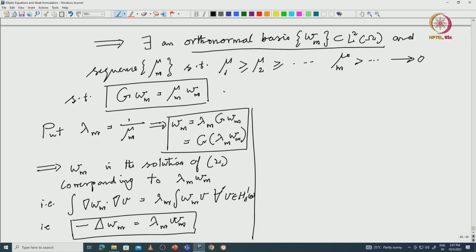And you also observe that since lambda m is 1 over n, you immediately have 0 less than lambda 1, less than or equal to lambda 2, less than or equal to etc., which goes to infinity.